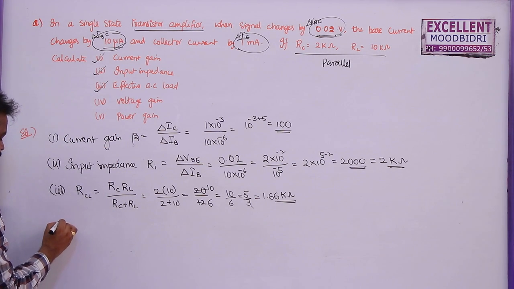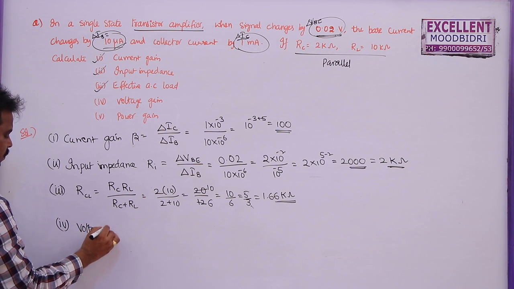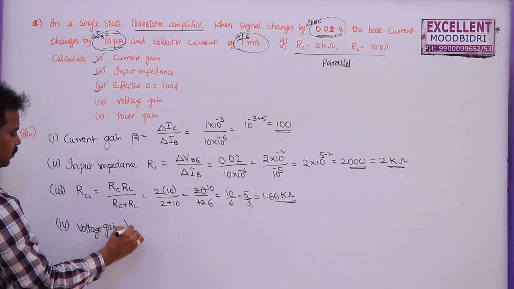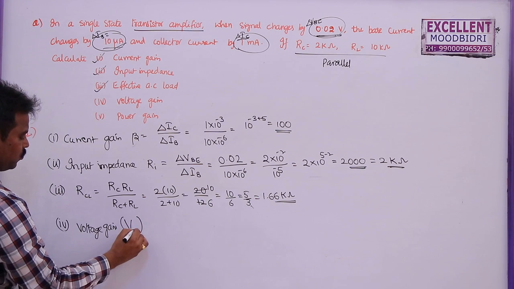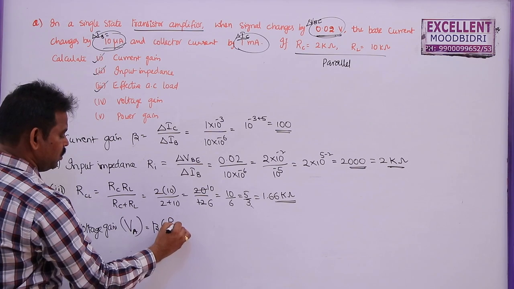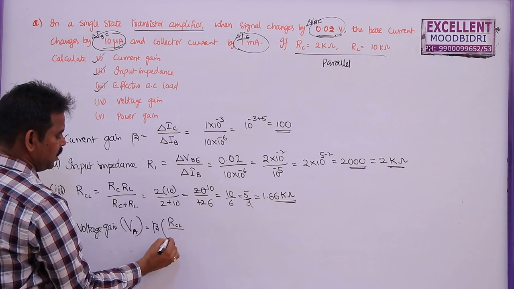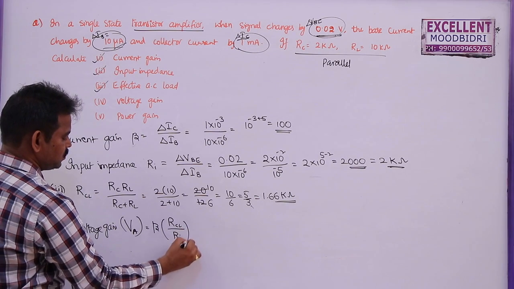Then voltage gain. The voltage gain in this case is given by VA, that is voltage amplification. This is beta into the effective resistance in the collector load, RCL, by the input resistance Ri.